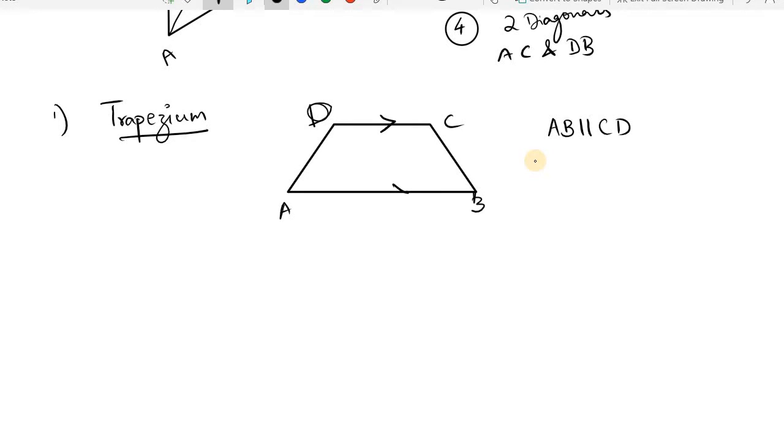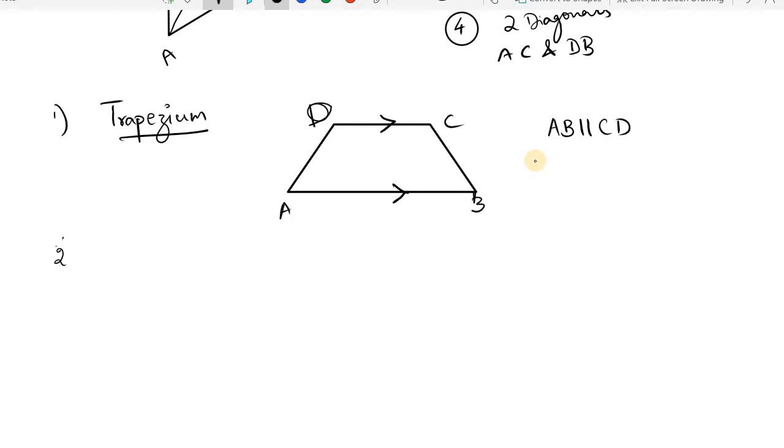Let's indicate that over here. AB is parallel to CD. And you also see that AD is not parallel to CB. Okay, so this is a trapezium in which one pair of opposite sides are parallel.